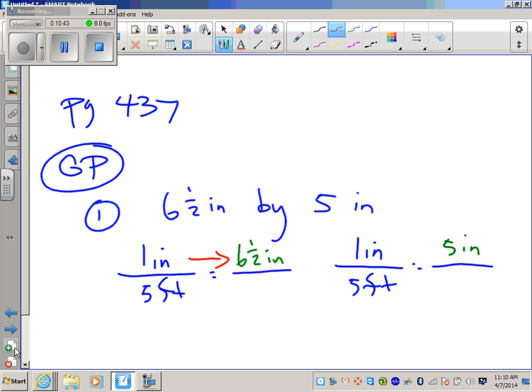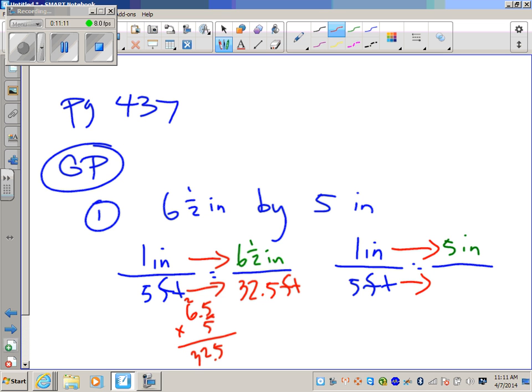So 6.5 times 5 is 32.5, how many decimal places? So 32.5 feet. How about over here, to get from 1 to 5? So 5 times 5.